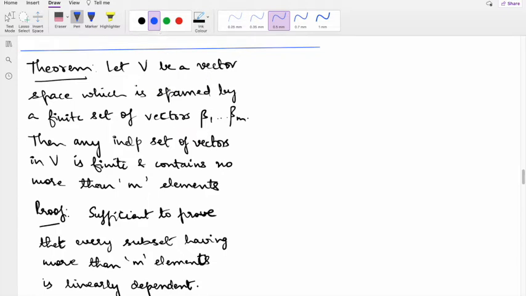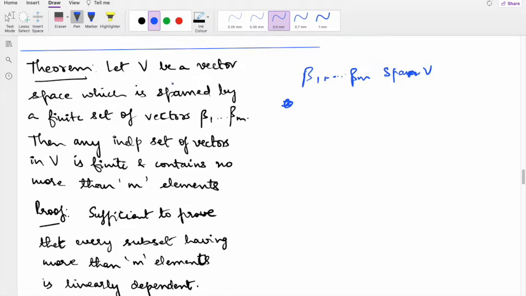We're saying that these vectors beta_1 to beta_m span V, which implies, so we are not saying anything about whether these vectors are linearly independent. We haven't made any claim about them being linearly independent.